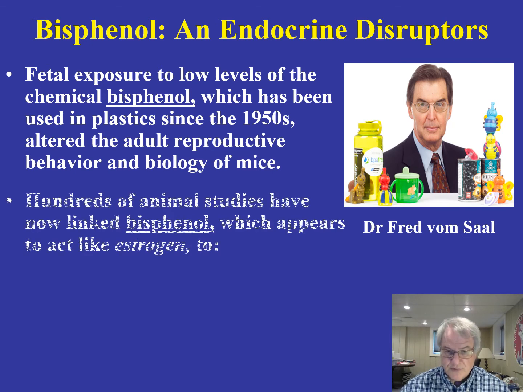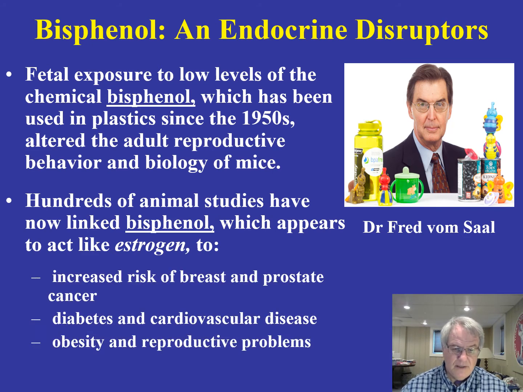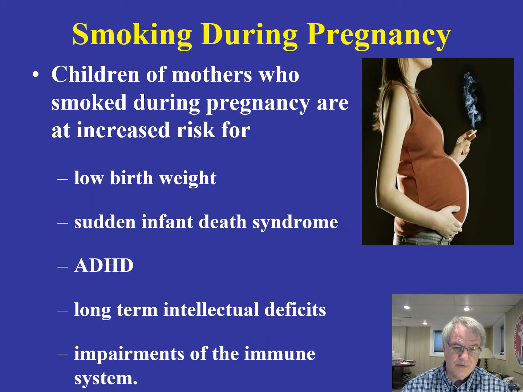So his research really has shown in literally hundreds of studies now that this particular chemical, bisphenol, acts a lot like the hormone estrogen. And when estrogen levels are high, there are a number of different outcomes, not the least of which is the change that occurs in reproductive ability.